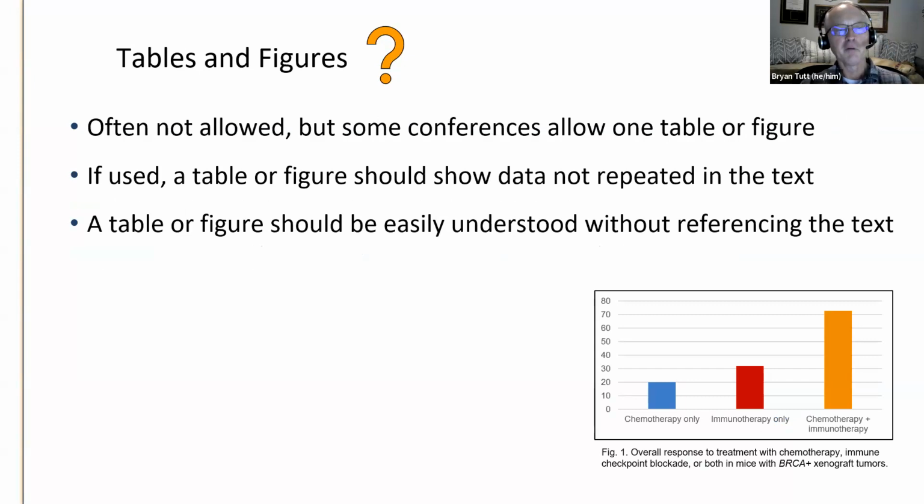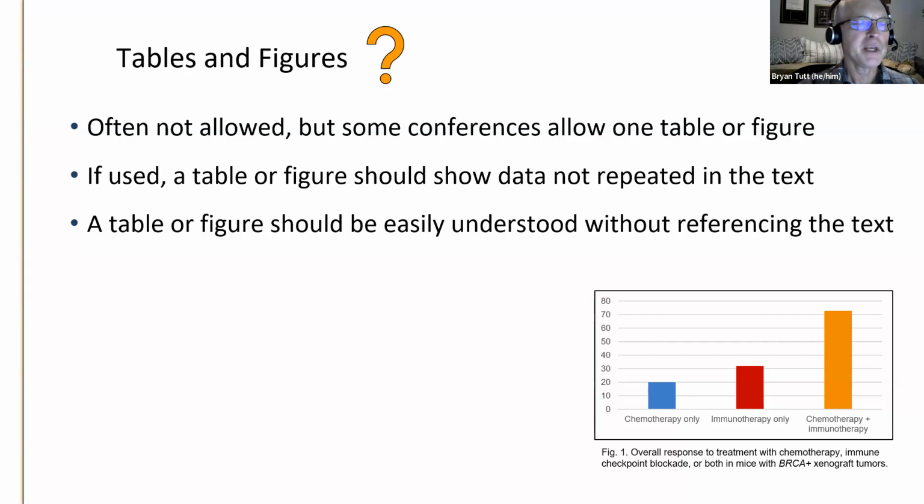Like my very oversimplified example here, if your figure shows response to treatment with immunotherapy, or a combination in mice, your results in your abstract shouldn't say mice treated with chemotherapy only had a 20% response rate. Those treated with immunotherapy only had a 31% response rate, et cetera. You should just say the response rates are shown in figure 1.